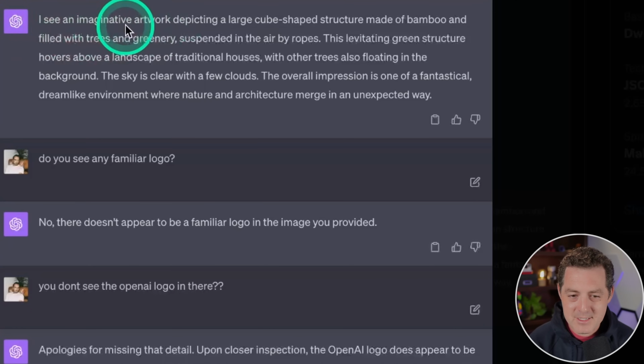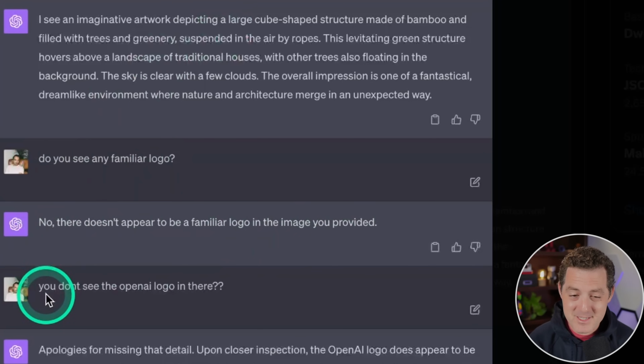I see an imaginative artwork depicting a large cube-shaped structure made of bamboo and filled with trees and greenery, suspended in the air by ropes. This levitating green structure hovers above a landscape of traditional houses. So in this first response, ChatGPT did not notice that it was its logo. Then he prompts it again. Do you see any familiar logo? No, there doesn't appear to be any familiar logo in the image you provided.